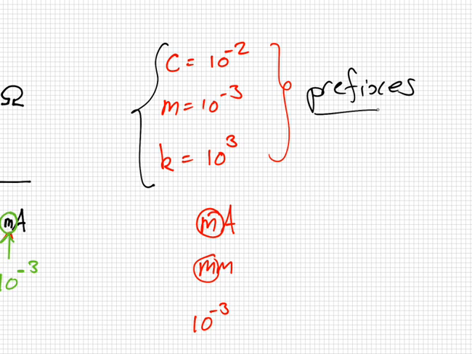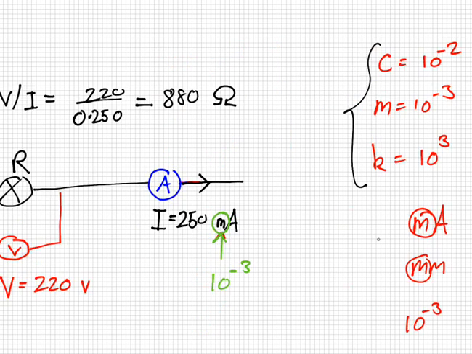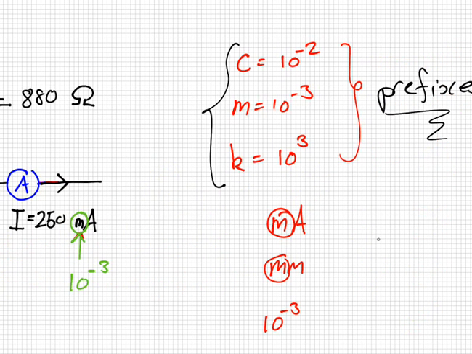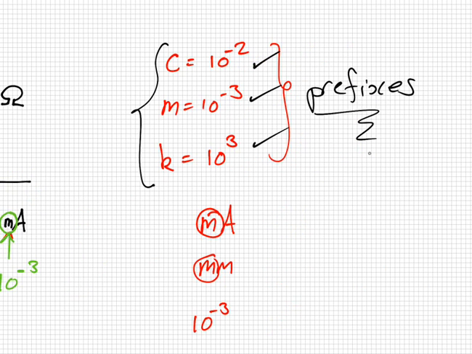Voltmeters don't work like this. Voltmeters must be connected like this, in parallel. So this is right, and this is very wrong. They're always connected as so.